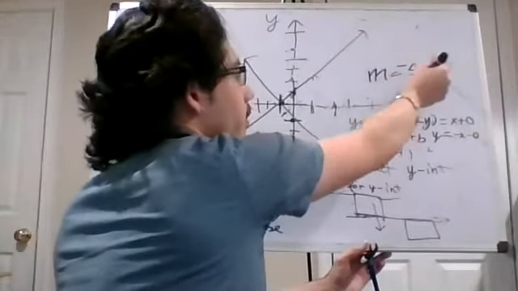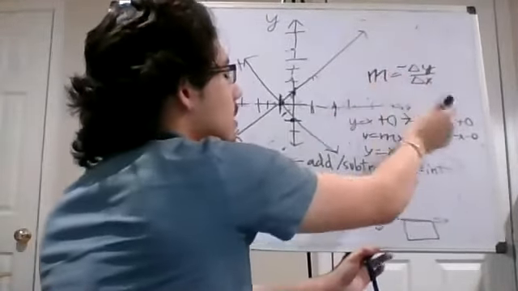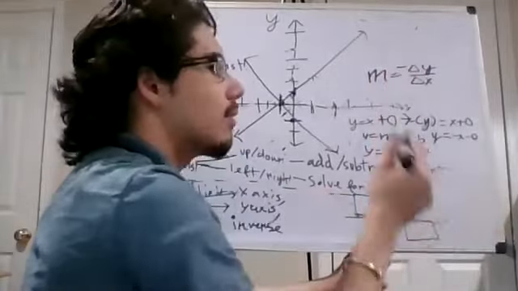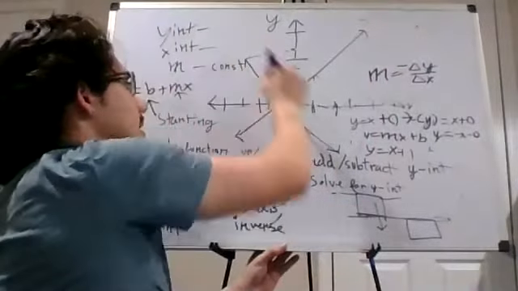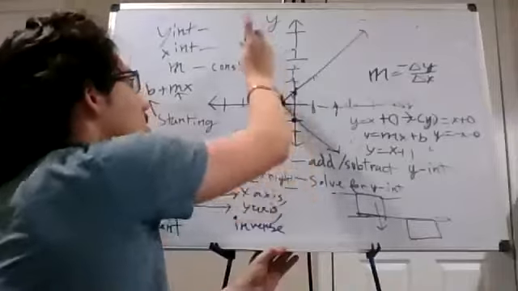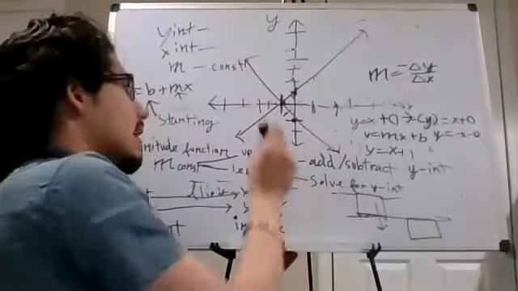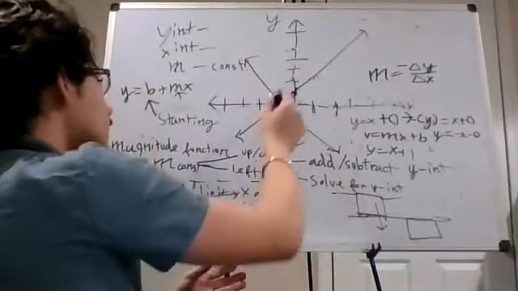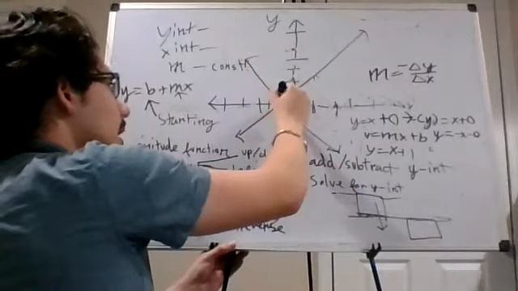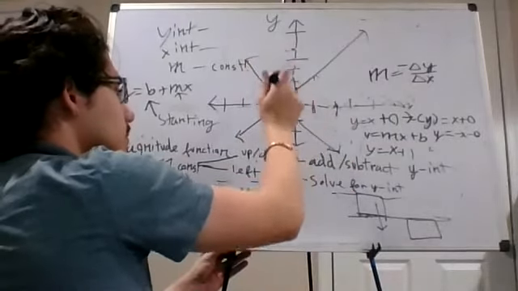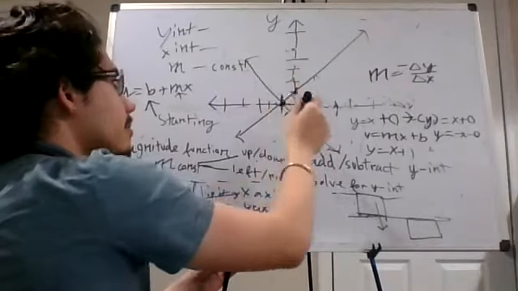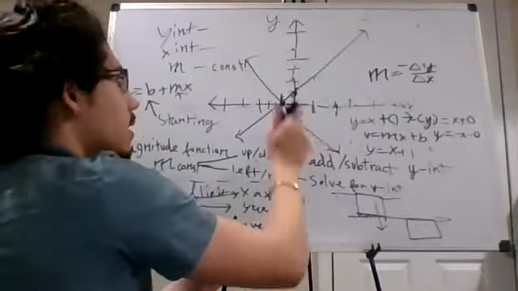So we flip over the y. That means the slope will now be opposite of what it was originally. So that's what we did in this instance. The x-intercept stays the same, but the y-intercept flips over from what it was.